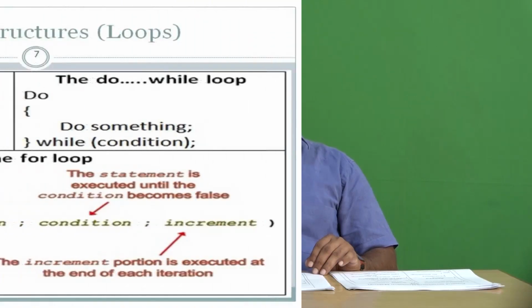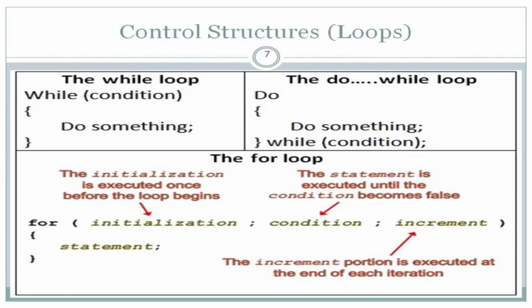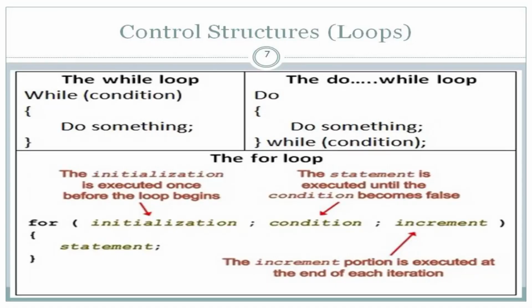The first is the while loop, in which first the condition is checked, then the statement is executed. The second is the do while loop, where the statements are executed first and then the condition is checked. So here our statement executes at least once in the program. Third is the for loop, which is a single syntax for using a looping structure. It consists of initialization, then condition, and then the increment or decrement operator.